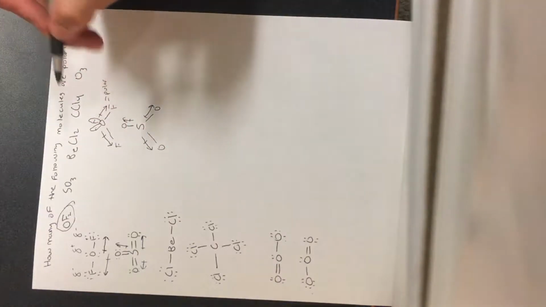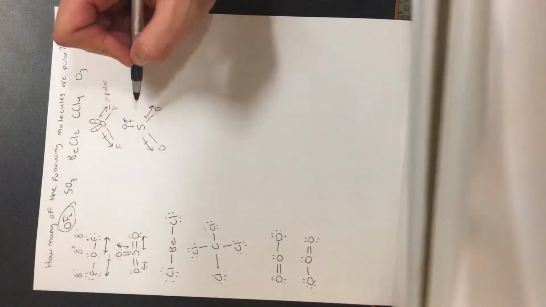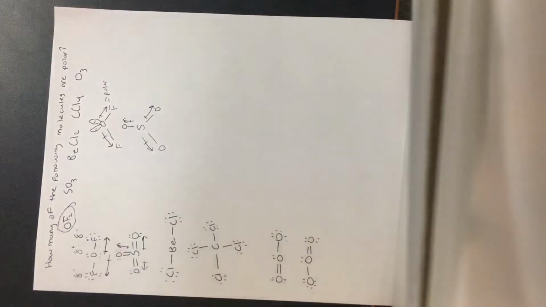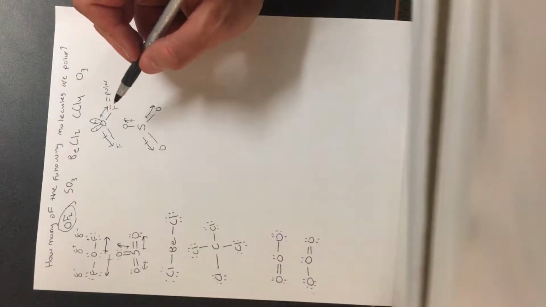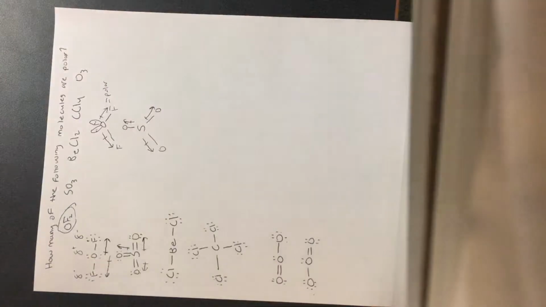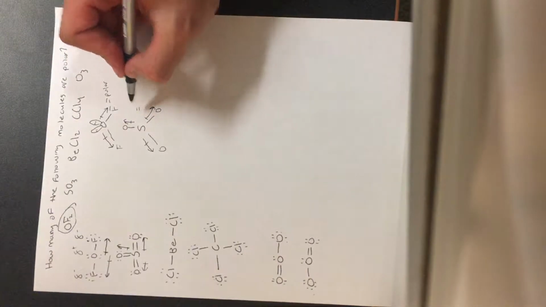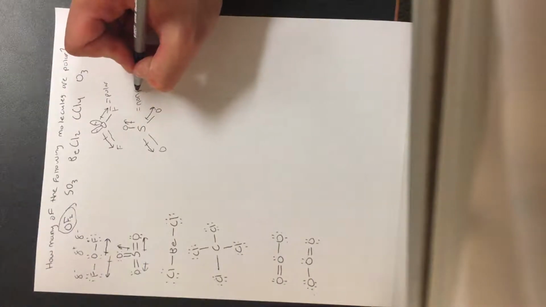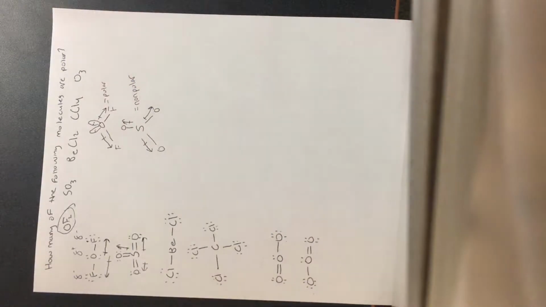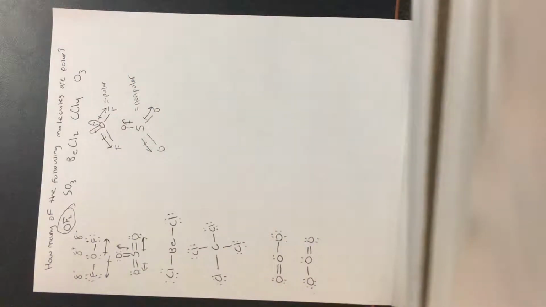And so now, since the dipoles are all pulling equally in opposite directions like this, they are going to cancel out. And therefore, this molecule is nonpolar. So, okay, moving on to the next one.